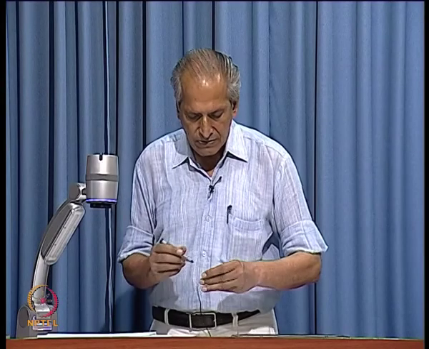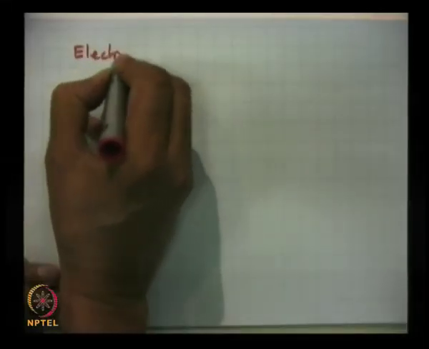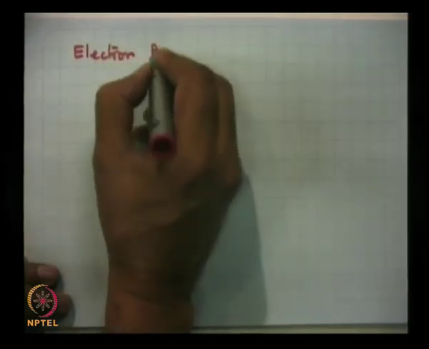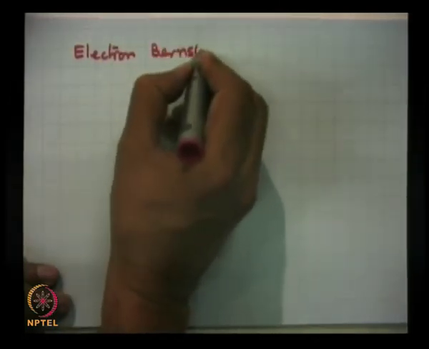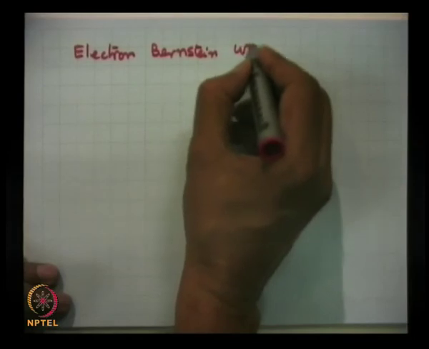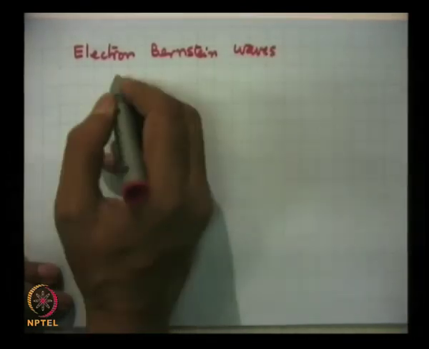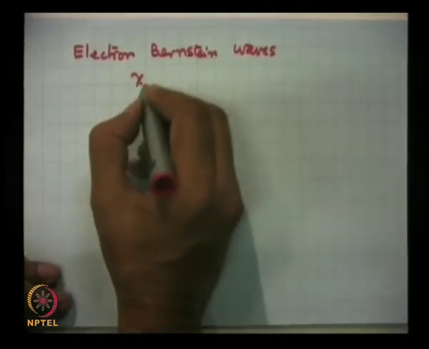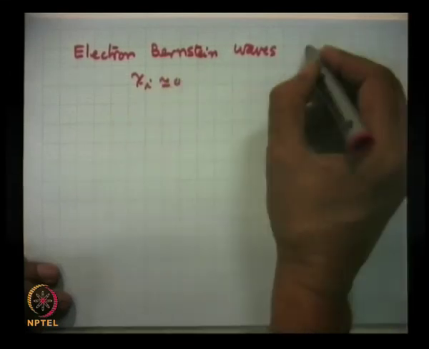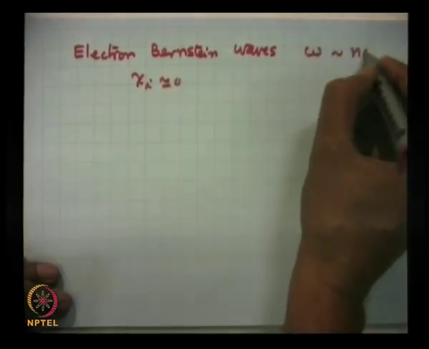Let me just write this. So they are called electron Bernstein waves. For these waves, chi i can be taken to be infinite. I am talking of waves of frequencies around n omega c.